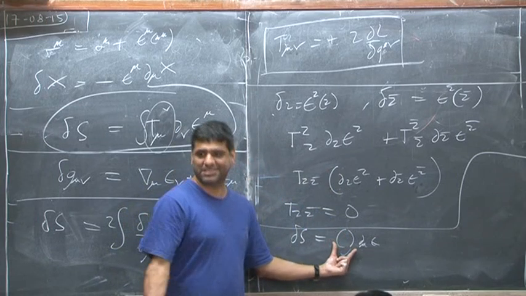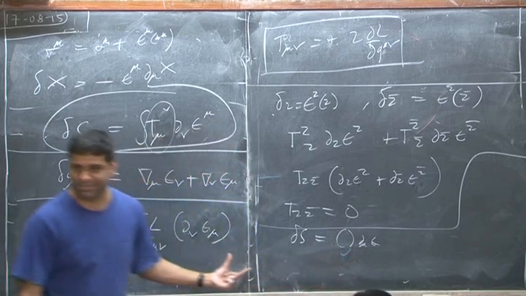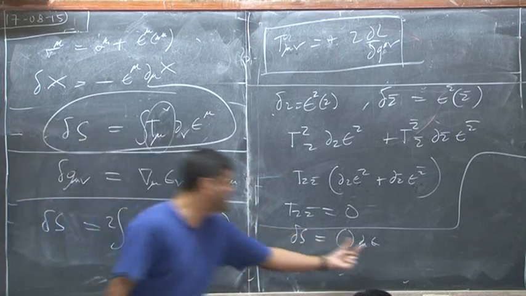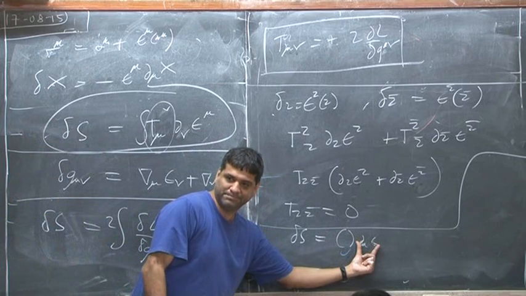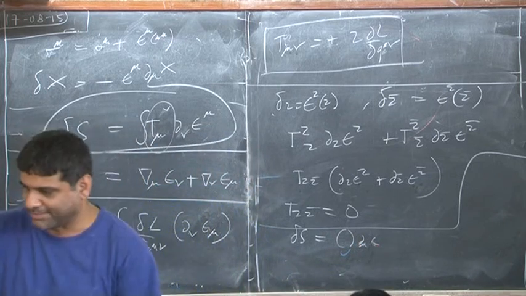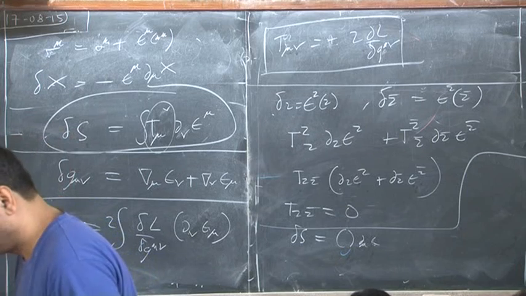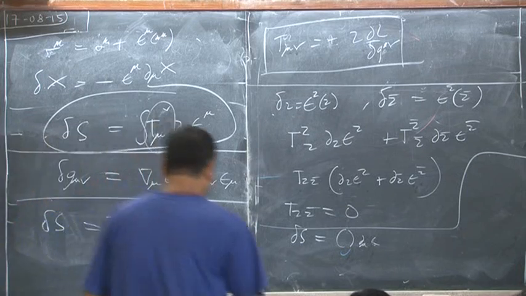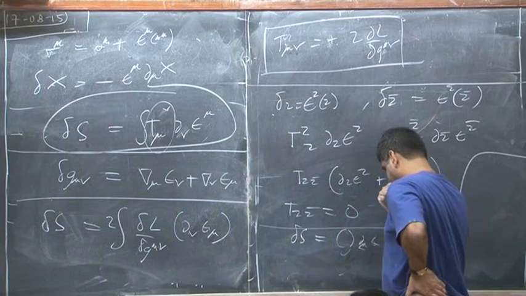So this is not zero, it just doesn't vanish. I could choose this to be a delta function. I could choose this guy to be a delta function. So it just has to pointwise vanish. It's not sufficient that it vanishes after some integration by parts. It just locally has to vanish, I think.